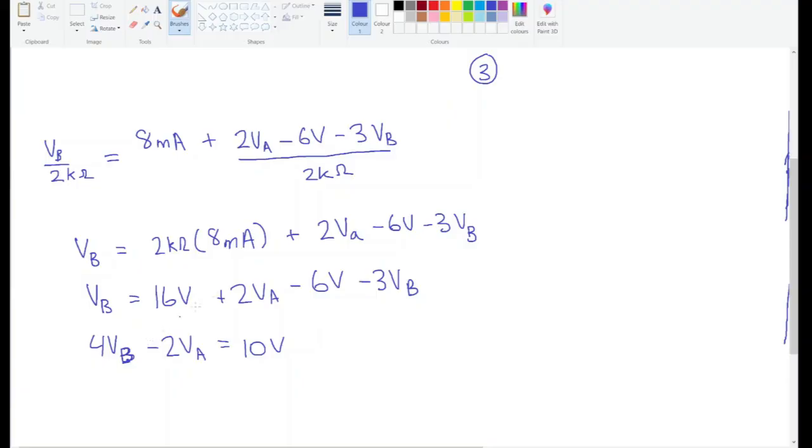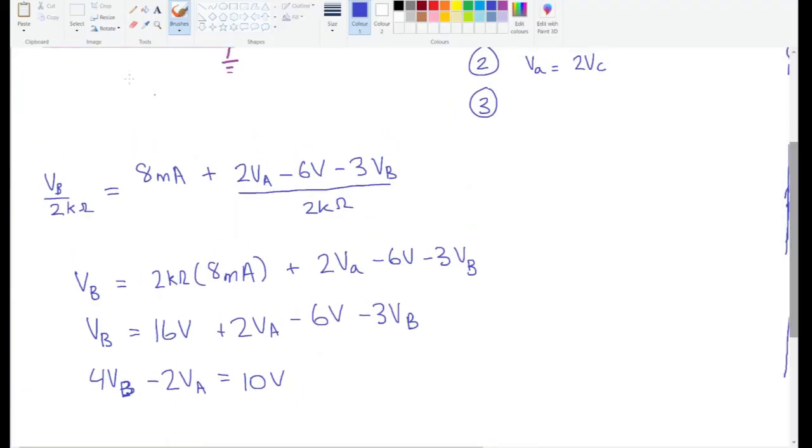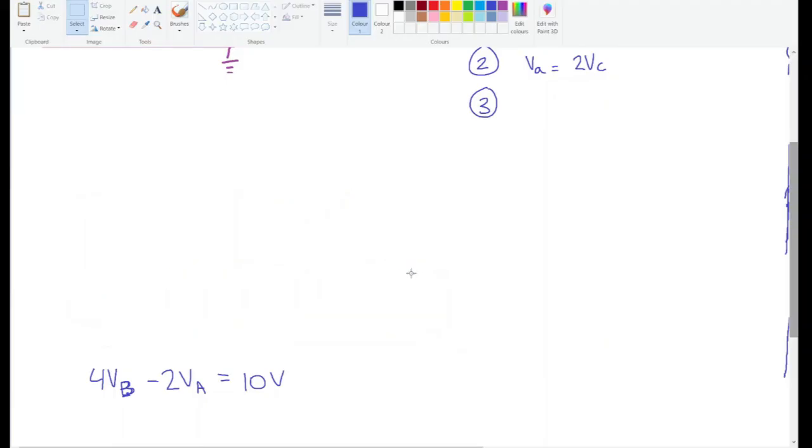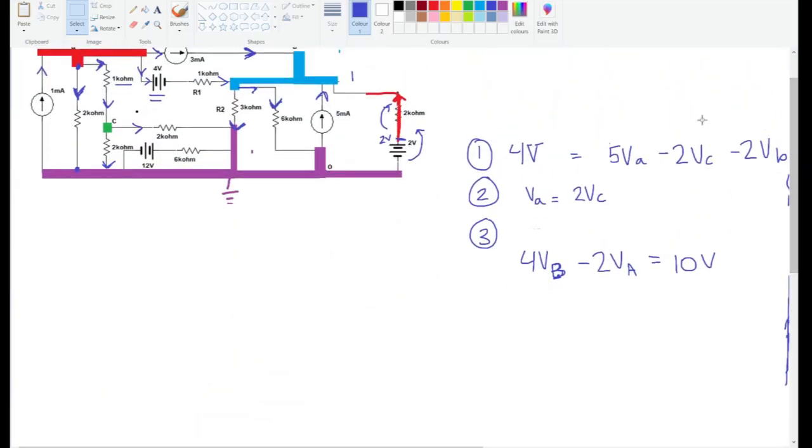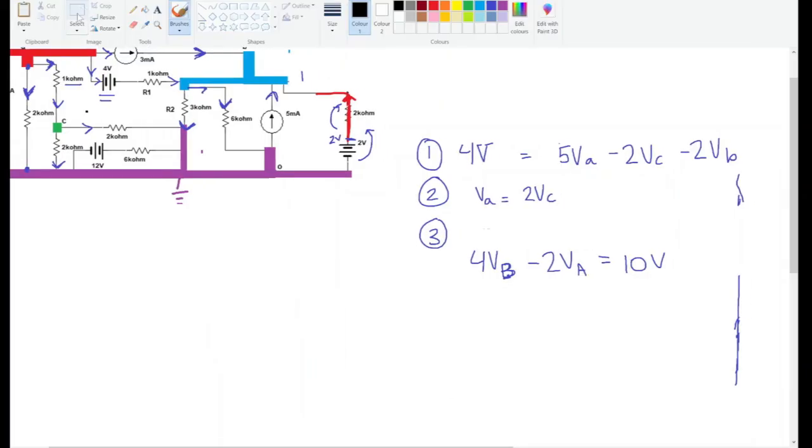So hopefully we didn't make any calculation errors here, because there's a lot of calculations. All right, so now we're going to move this. That's our third equation, and so now we're good. We've pretty much got an equation for every node. Another way to know that you're good to go is to check how many unknowns you have in your set of equations, and check how many equations you have.